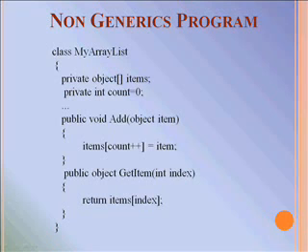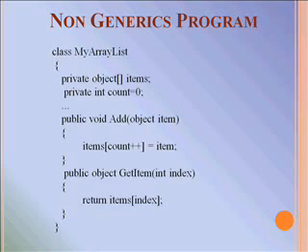In brackets, you can say items[count++] equals item. That means the current item amount will be increased by 1. As an example, if the current item amount is 3, then after the implementation, the count will be 4.